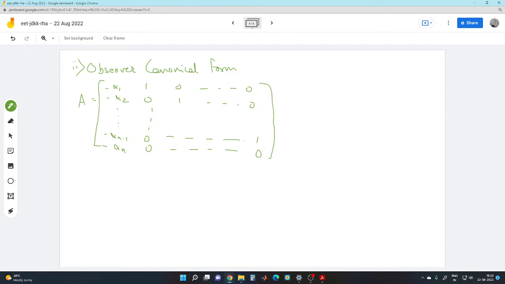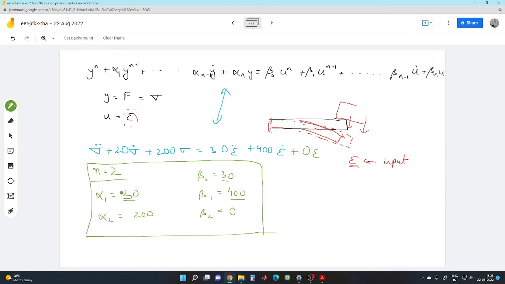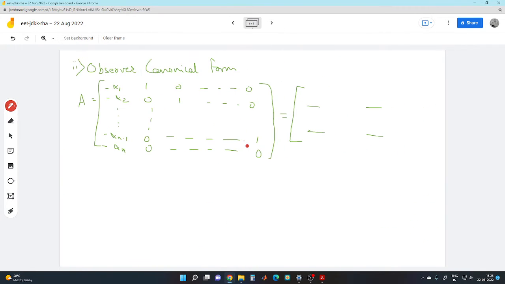Right now, because the system has n equal to 2, we just have 4 values. We'll try to find them. So this is alpha 1, alpha 2, alpha n. What is alpha 1 here? Alpha 1 is 30, so we can directly write it as minus 30.